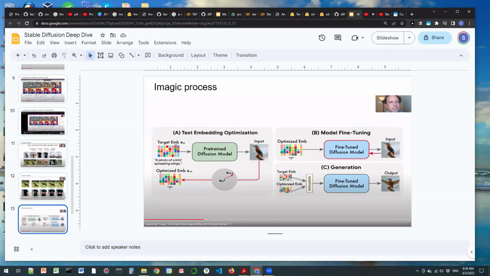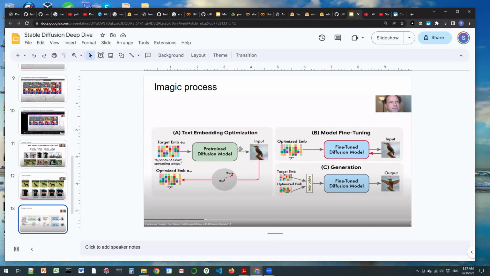In the first step, you take a target embedding, and we'll look at how to generate the CLIP embeddings in a minute. But let's say we have some process to do that. We take the text, a photo of a bird spreading wings, and generate the embedding corresponding to that. That embedding is referred to as e_target.